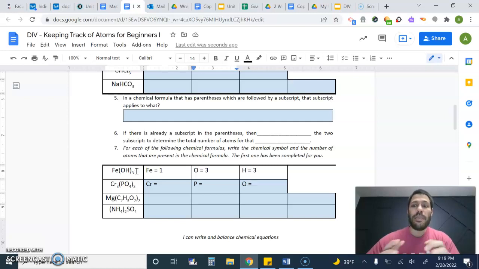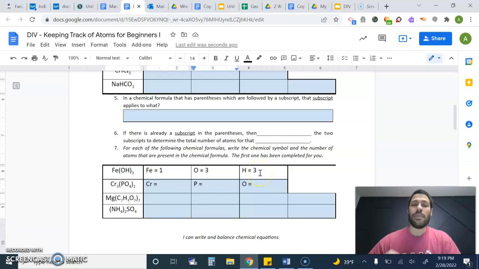So it's still the element listed before, but now it applies to everything within the parentheses. Fe is not in the parentheses, hence why I only have 1 atom of Fe. And you notice that I have 3 O's and 3 H's.